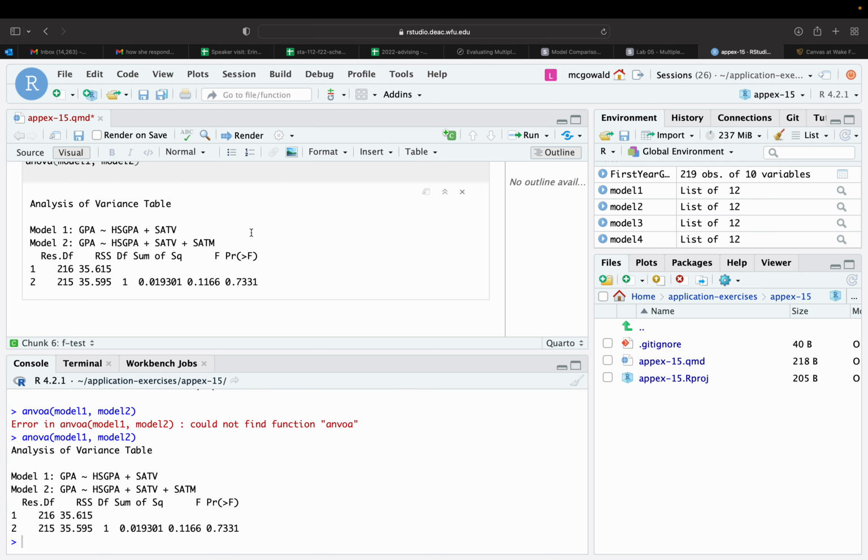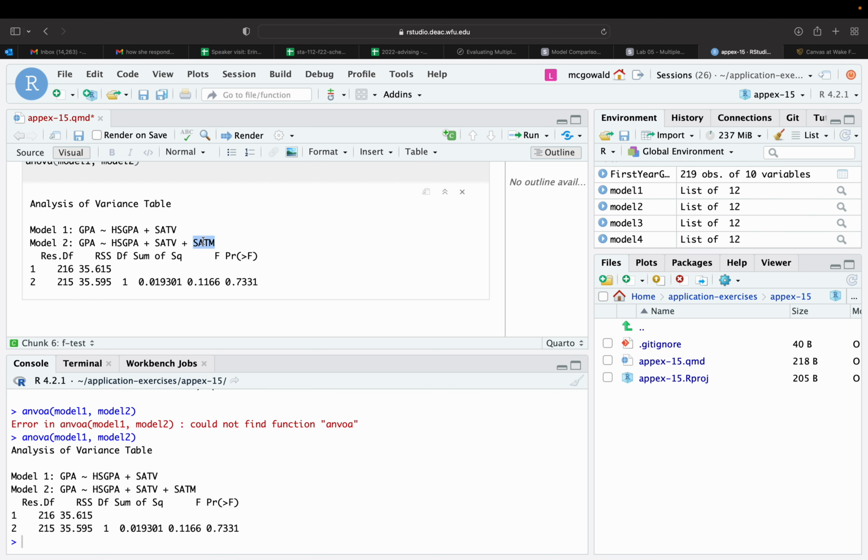What is the null hypothesis that this particular F-test is testing? It's the beta associated with SATM. It would be beta 3, but the ordering depends on how you put them into the model. Basically the null is that the beta associated with the SATM variable is equal to 0. And then what's the alternative?